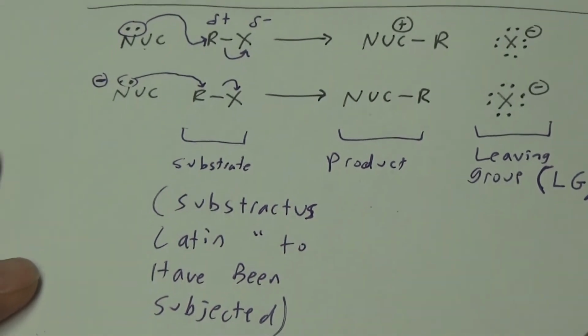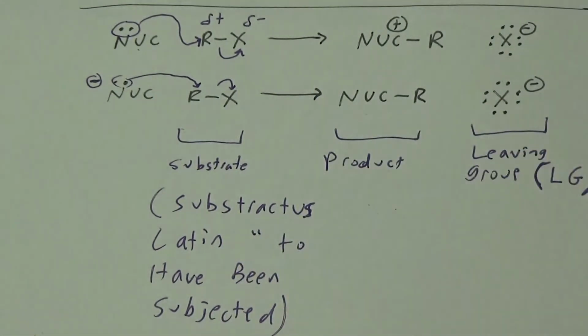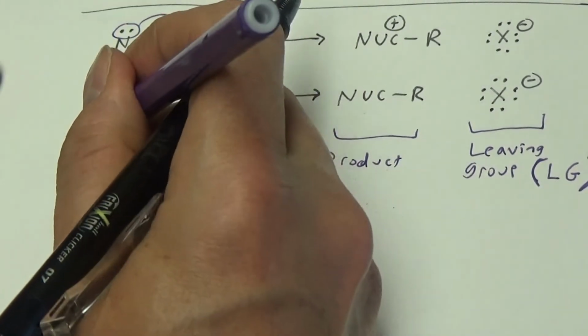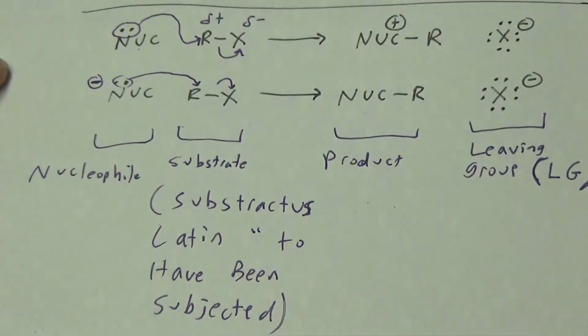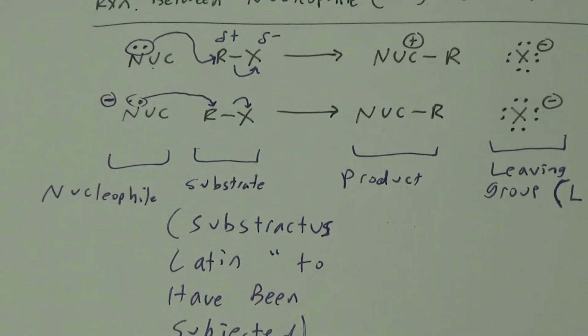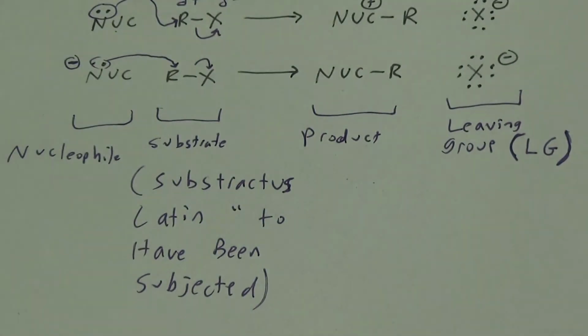So it was subjected to a chemical reaction: substrate. Okay? And then this thing is the nucleophile. The nuke is the nucleophile. So this is the general reaction.